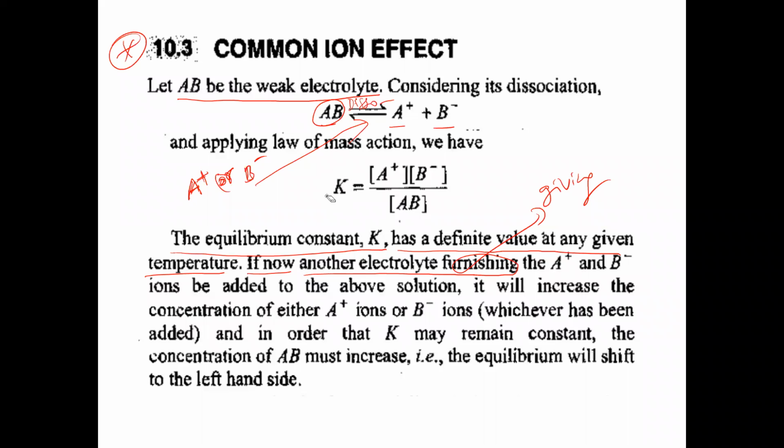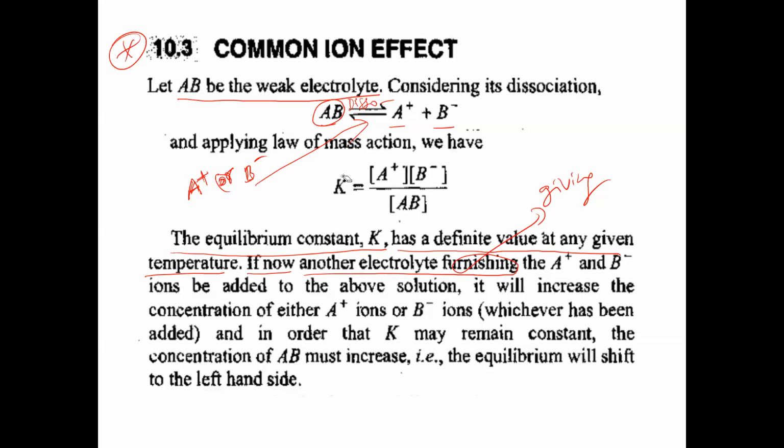We are not increasing temperature here. We are maintaining constant temperature. When constant temperature is maintained, the K value should remain the same. For the constancy of the K value, what should happen now? The AB value should increase. The denominator value should increase.